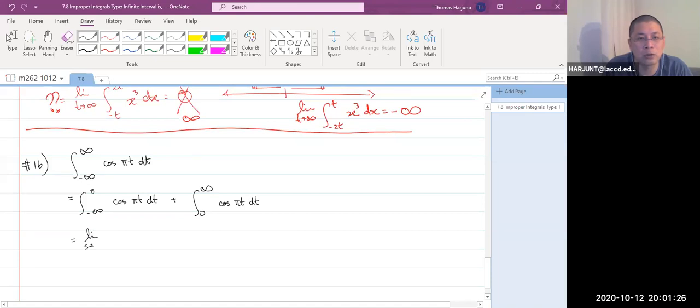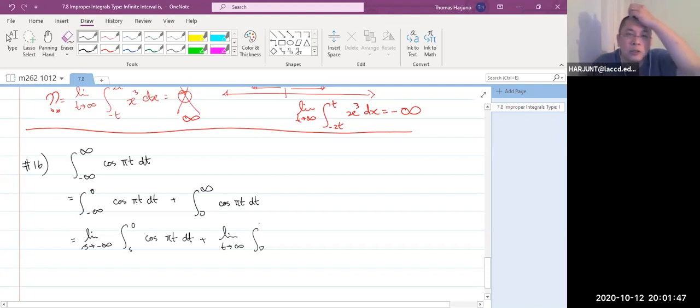Limit s goes to negative infinity of the integral from s to 0 of cosine pi t dt, plus the limit as t goes to infinity from 0 to t. Oh no, I cannot use t because that's in the integrand already. Let me use y then. Y goes to infinity, the integral from 0 to y of cosine pi t dt.